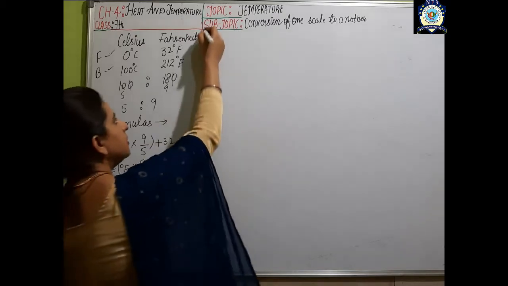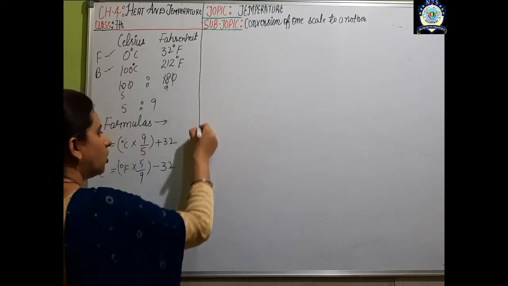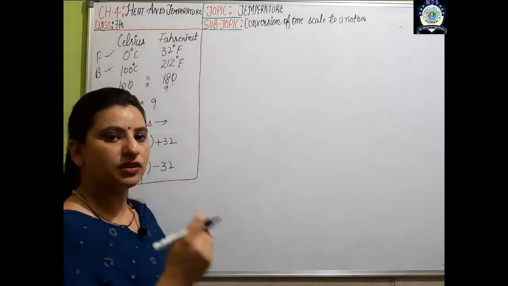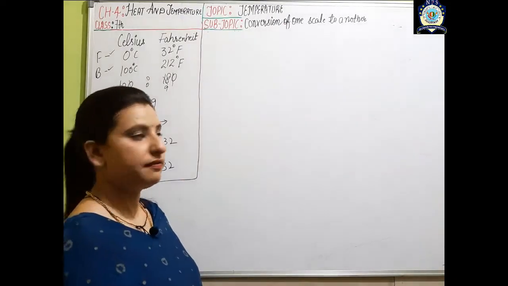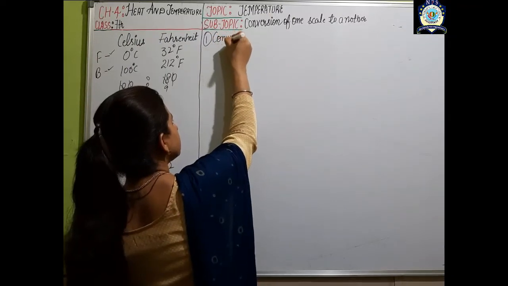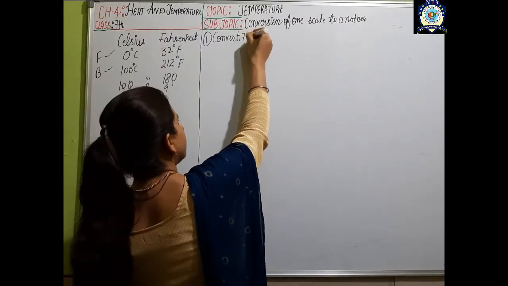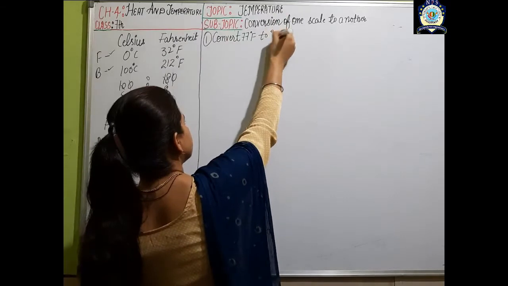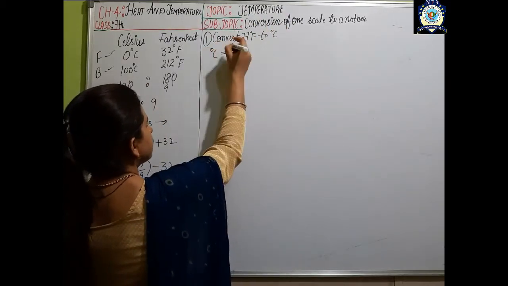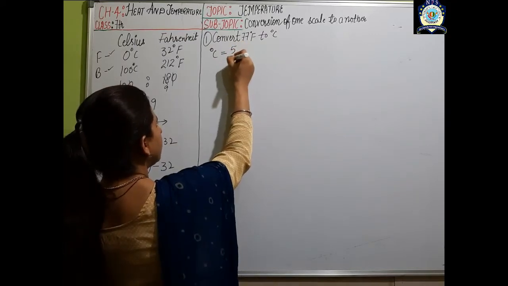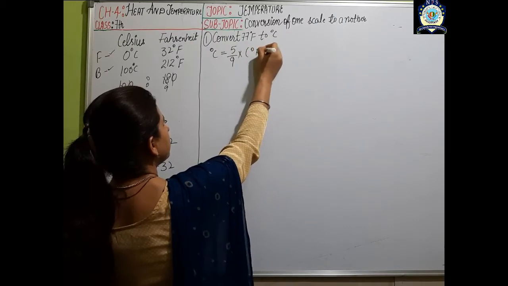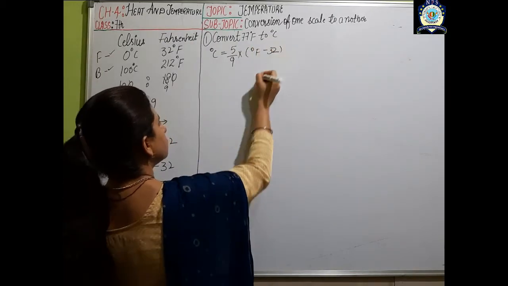Now we will take some simple numericals, to see how we can convert the value of degree Celsius into the value of degree Fahrenheit. So first, convert 77 degree Fahrenheit to degree Celsius. Now what's the formula? Degree Celsius is equal to 5/9 multiplied by degree Fahrenheit minus 32.